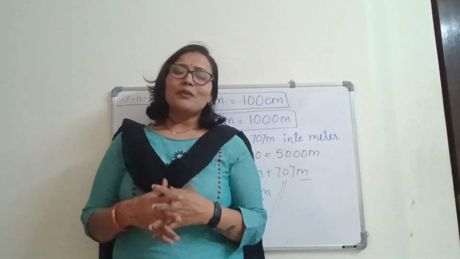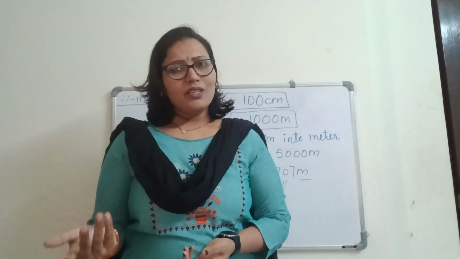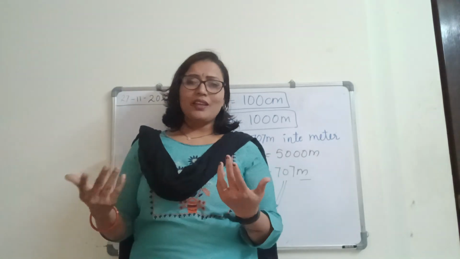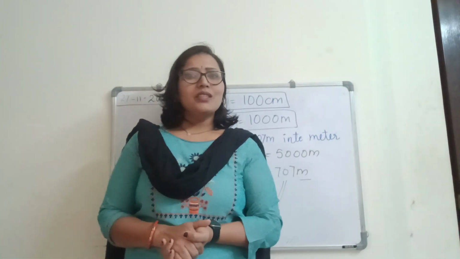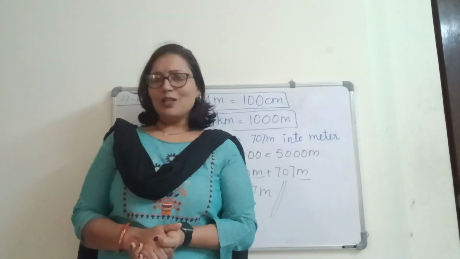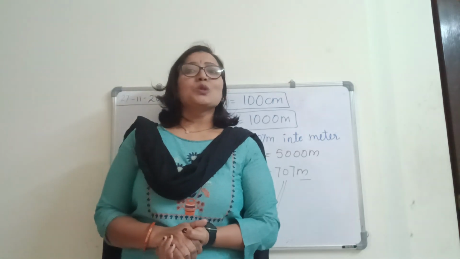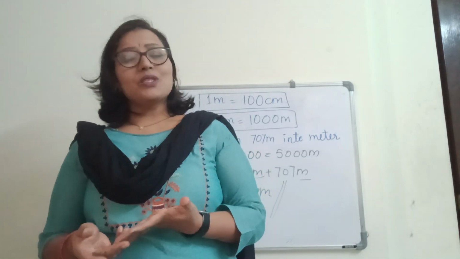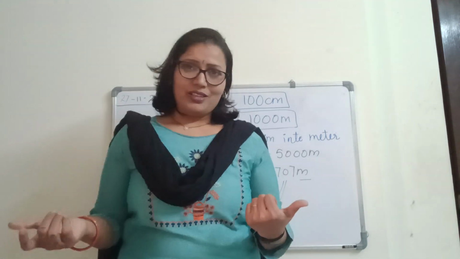These are all techniques people used in olden days. But when modern technology came, in the modern era, to measure the length of any object, we use meter, centimeter and kilometer: m, cm and km. The instruments we use are measuring tape, measuring rod and a scale or ruler.